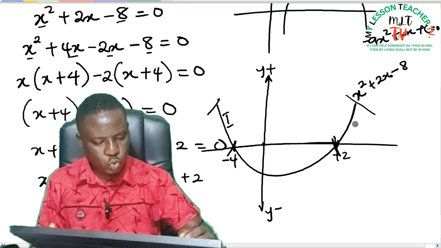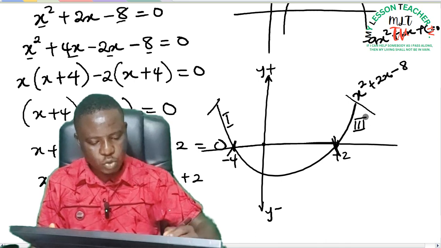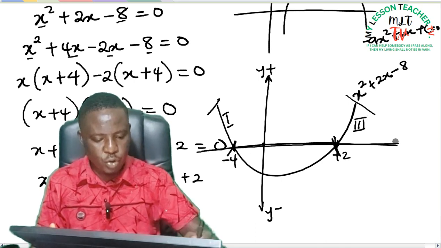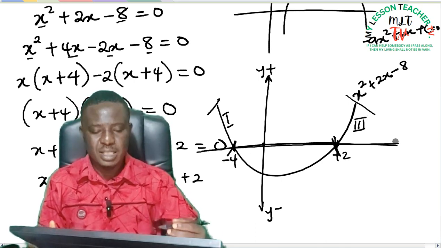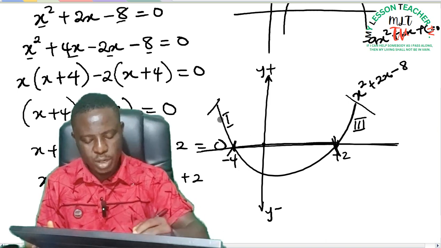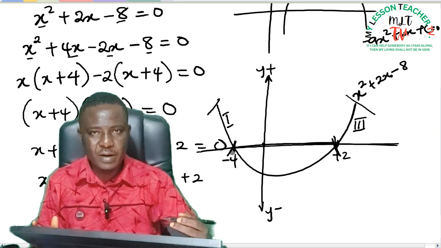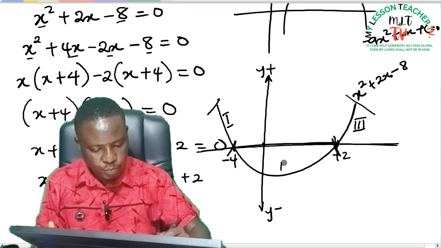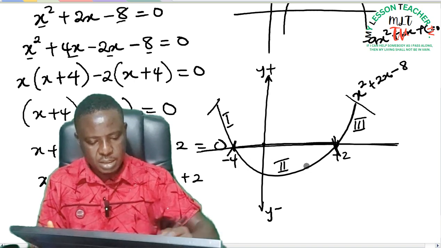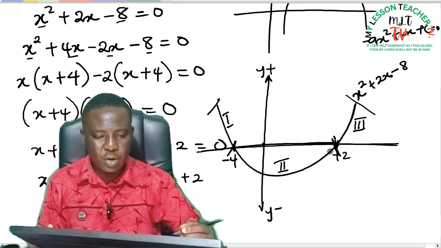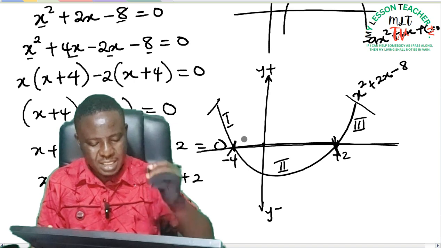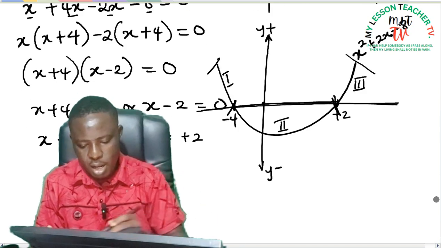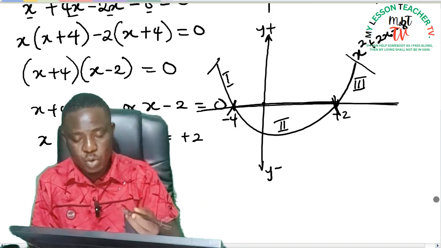Regions 1 and 3 are above the origin, which shows you that at these two points, the parabola is greater than or equal to 0. But at region 2, this parabola is less than or equal to 0. And that is the solution to our question.